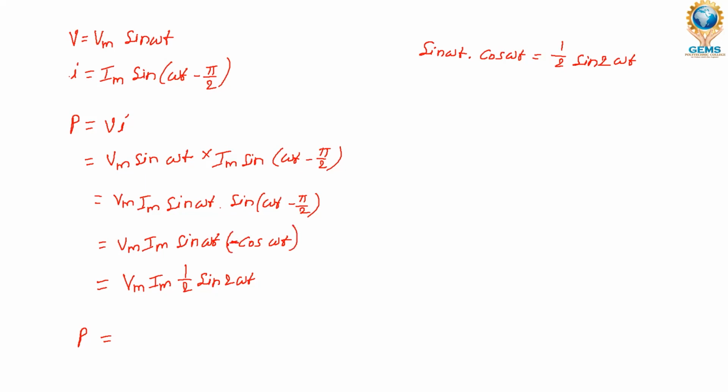Okay, here we will get minus Vm into Im by 2 into sin 2 omega t. This is the power formula.